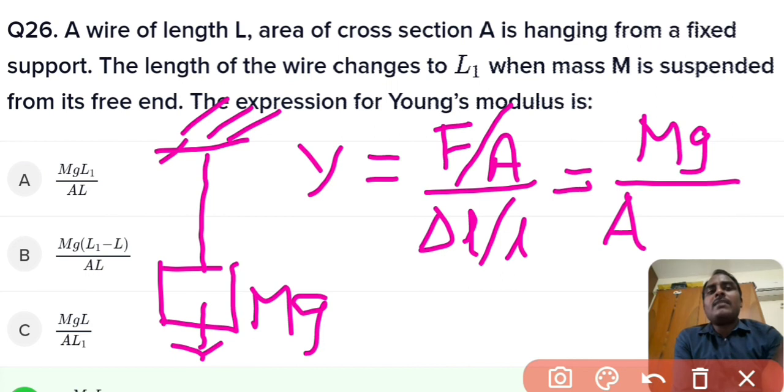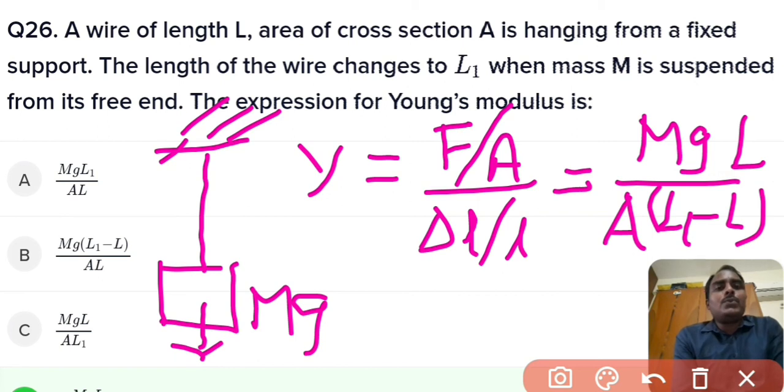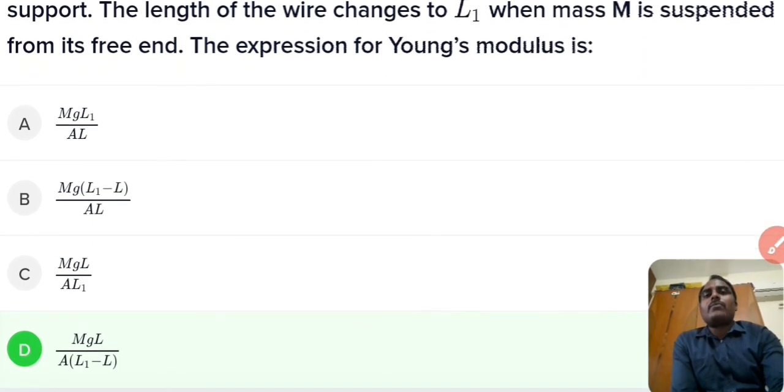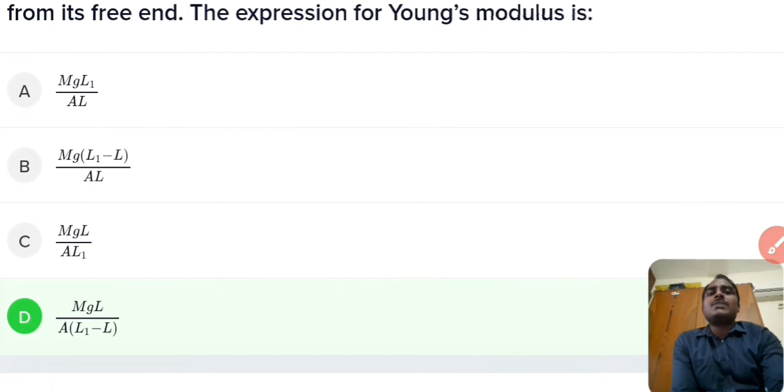Final length is given as L1, initial length is L. So L1 minus L, divided by L will come up. So it becomes mg into L divided by A into L1 minus L. So that is D option. So D option is the correct option.